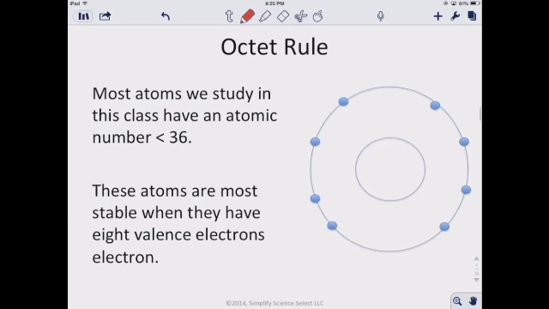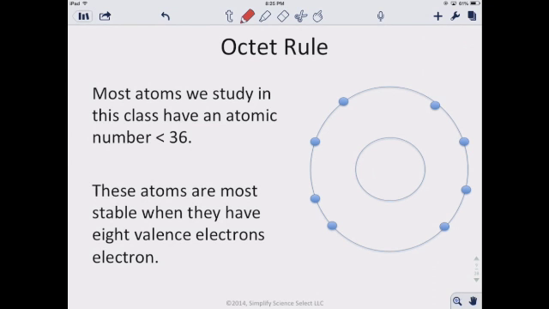Now, what the octet rule is. We'll get into it very basic here, and then we'll jump into it in much more detail later in the year. Most atoms that we study in this class have an atomic number less than 36. These atoms are most stable when they have 8 valence electrons, which is when the s orbital and the p orbital are completely full.